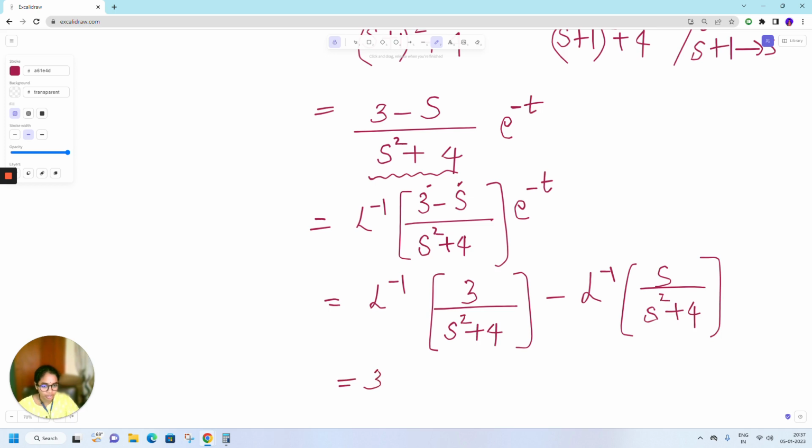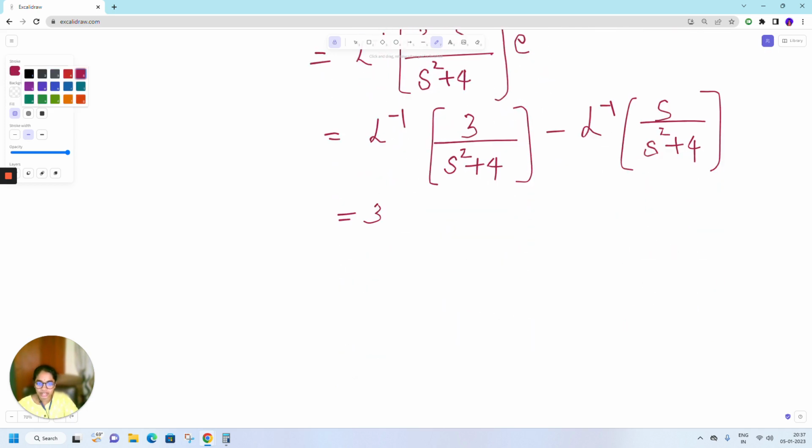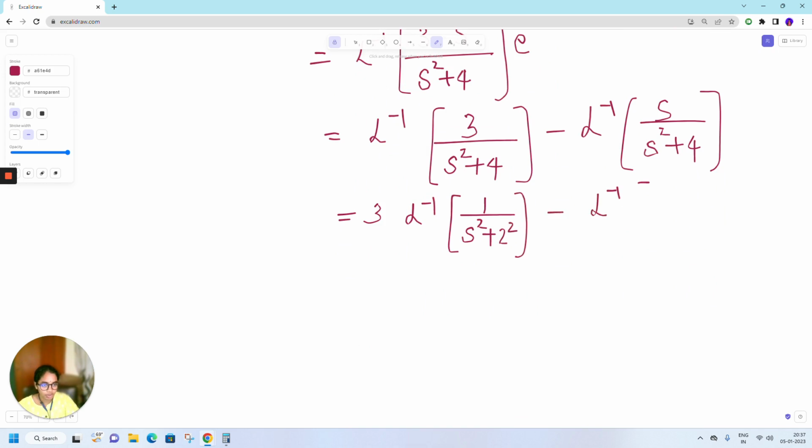If I take 3 out, I would have 1 divided by s square plus 4. I can write it as 2 square. So Laplace inverse of 1 divided by s square plus 2 square minus Laplace inverse of s divided by s square plus 2 square.